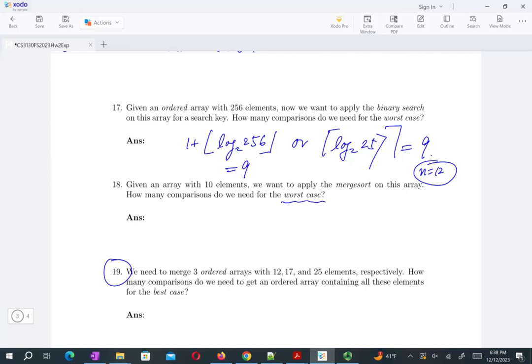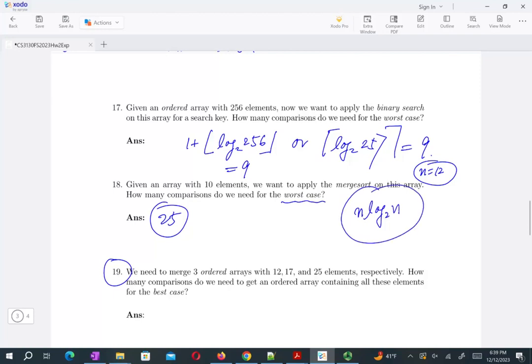Here I do not talk about that formula. I want you to practice how we do the merge sort. The answer is 25. Many students gave me 23, and some students applied that formula, which is not good.